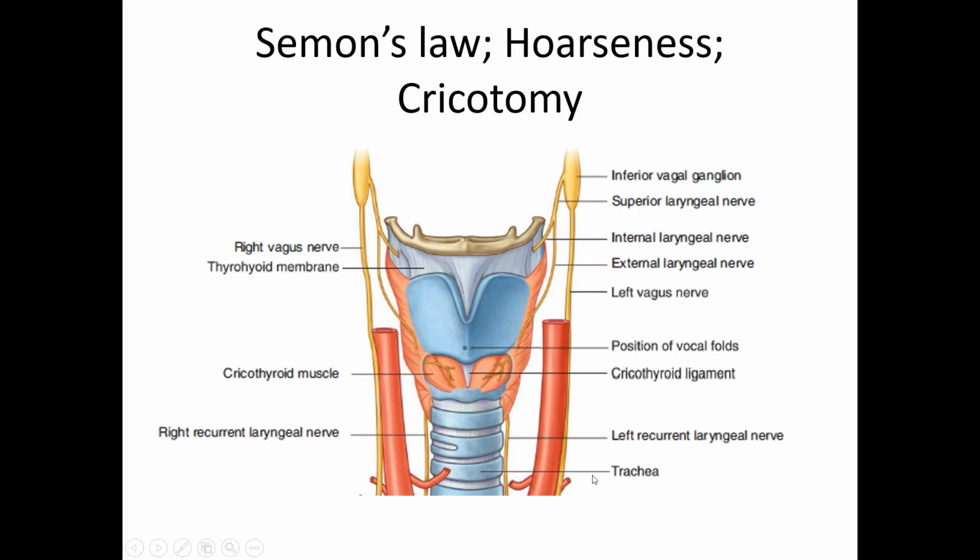This brachiocephalic vein, draining the upper limb and the head, crosses very superficially and may get damaged if you try to make a tracheostomy opening below the thyroid isthmus.